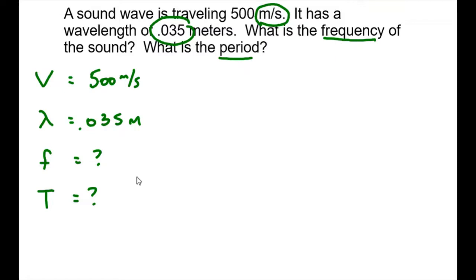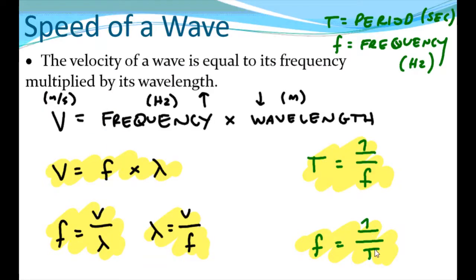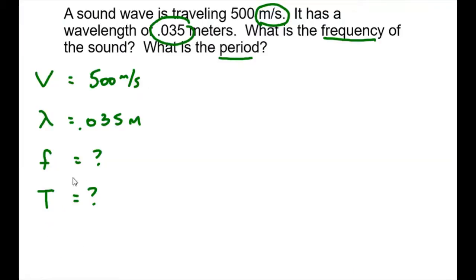All right, so frequency. If we go back to our equations, we have 2 options. We have 1 over T, or we have F equals V over lambda. And since we don't have the T yet, we're going to use this. Frequency equals velocity divided by wavelength. The velocity is 500. The wavelength is 0.035.